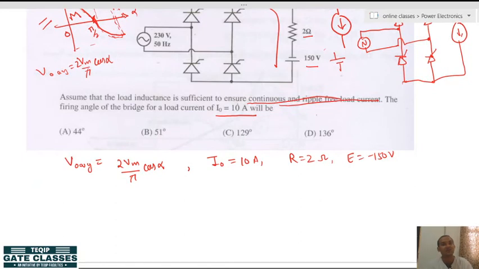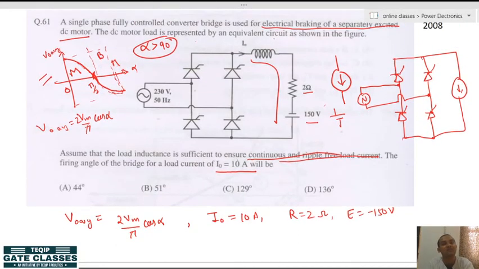Now, when we talk about the average output voltage, the inductor current has not to be taken, because we have already discussed several times that the inductor fully discharges itself. It means the average inductor voltage is always 0.